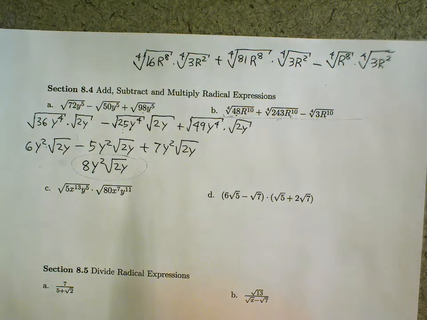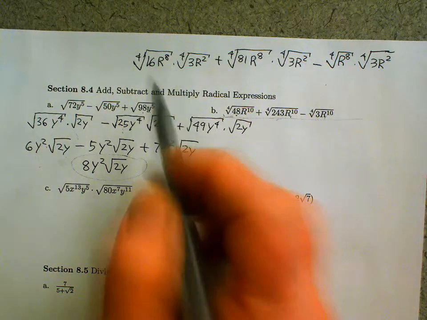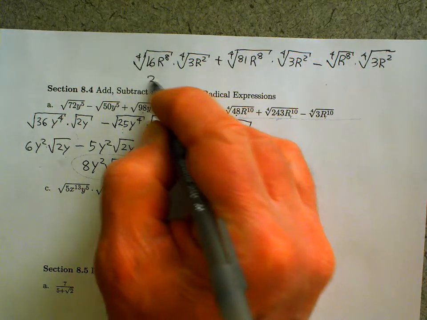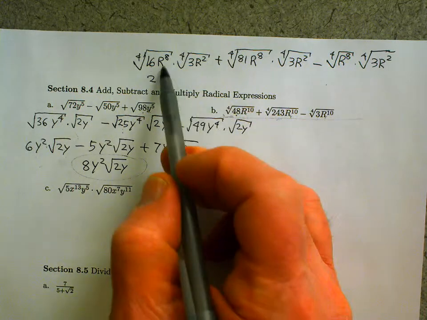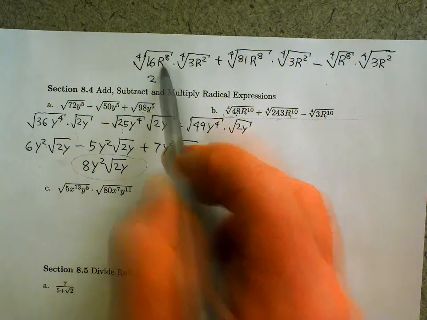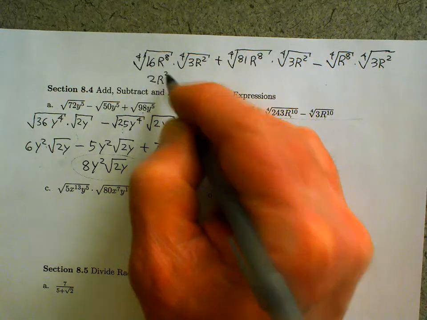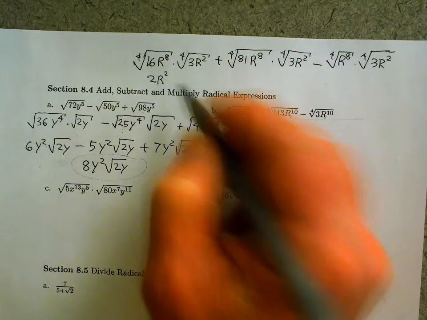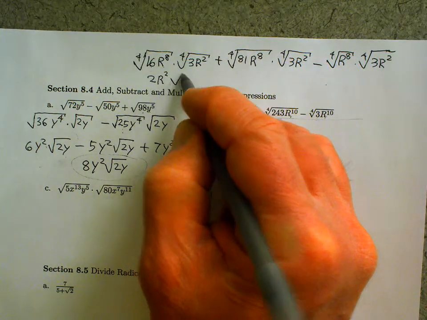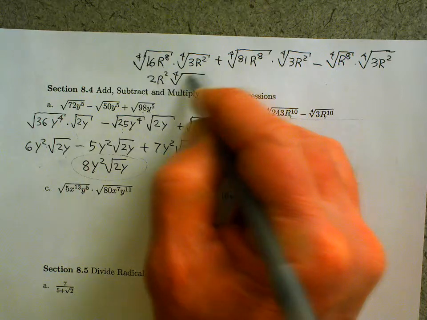Okay, then simplify. The fourth root of 16r to the 8th: the fourth root of 16 is 2, and the fourth root of r to the 8th is r to the second, because 8 divided by 4 is 2. So 2r to the second times the fourth root of 3r to the second.